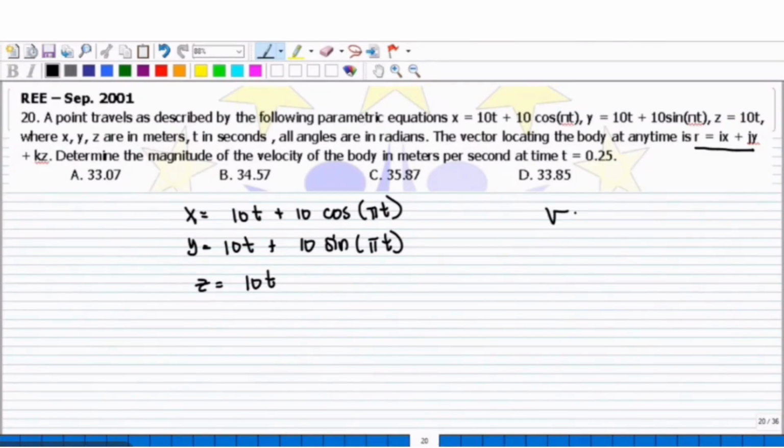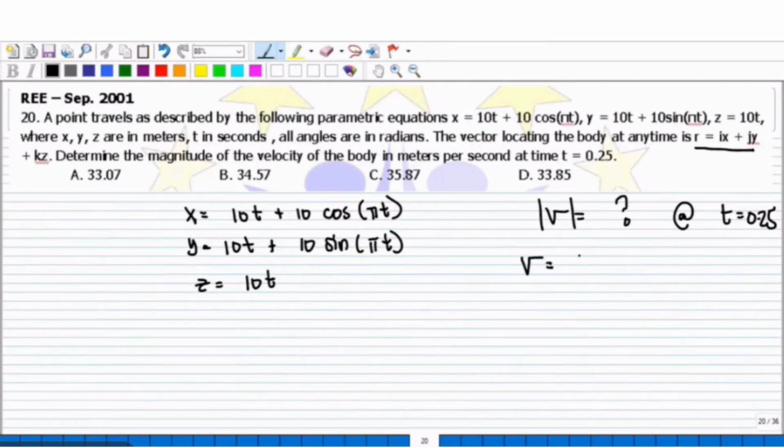So, hanapin daw natin yung velocity magnitude at the time t equal to 0.25. Take note po, velocity is equal to what?